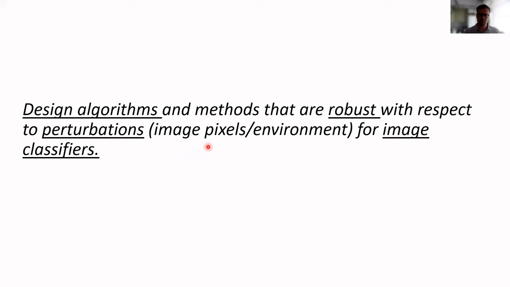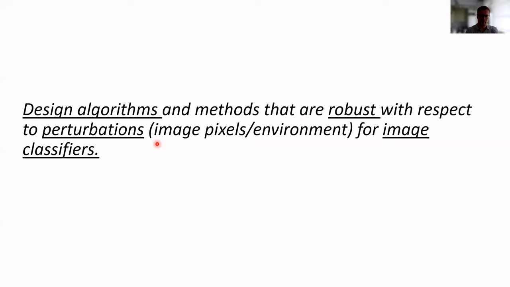So you see an example of how dramatic this can be. When you run FGSM, fast gradient sign method, for example, to produce adversarial examples, it fools the neural network completely, right?